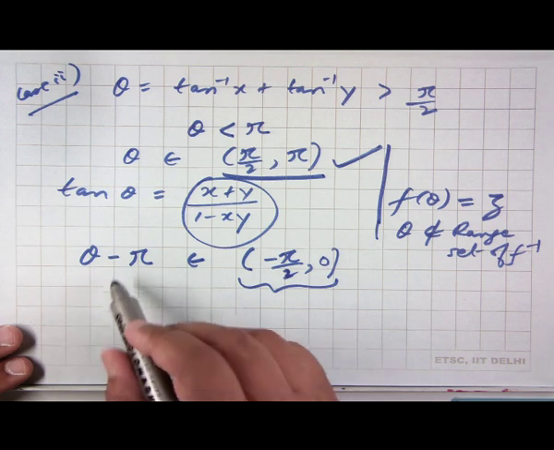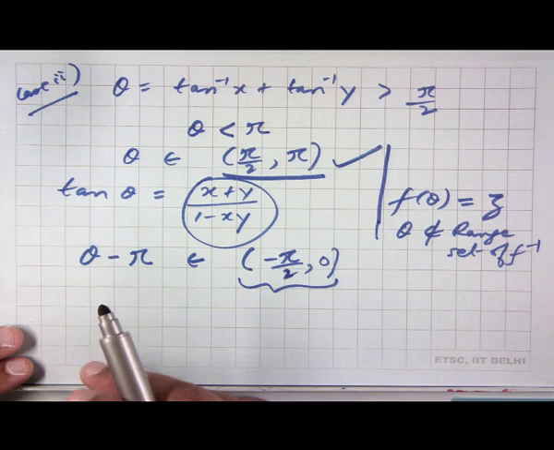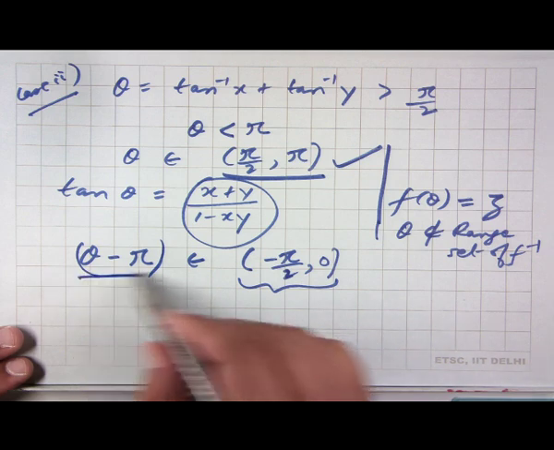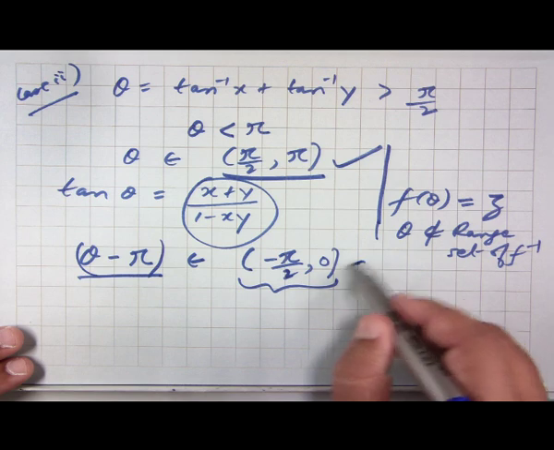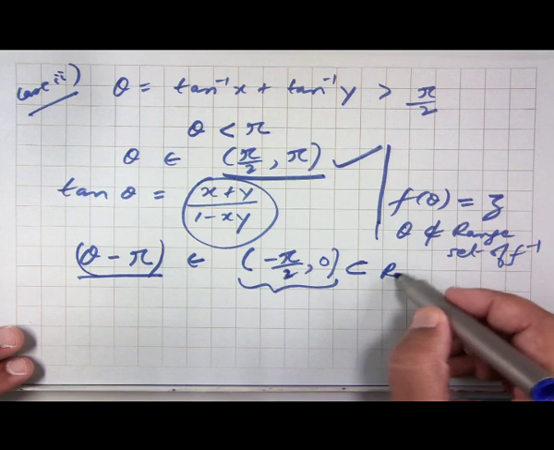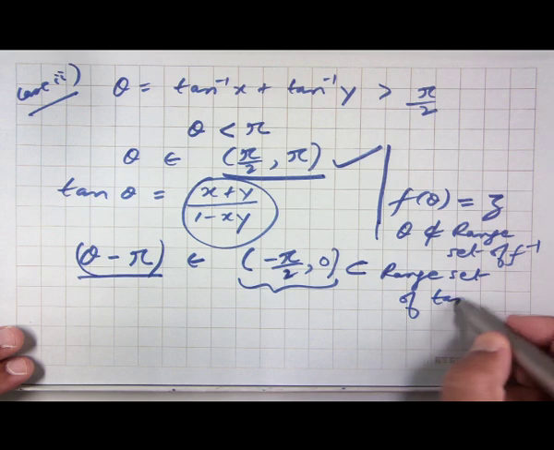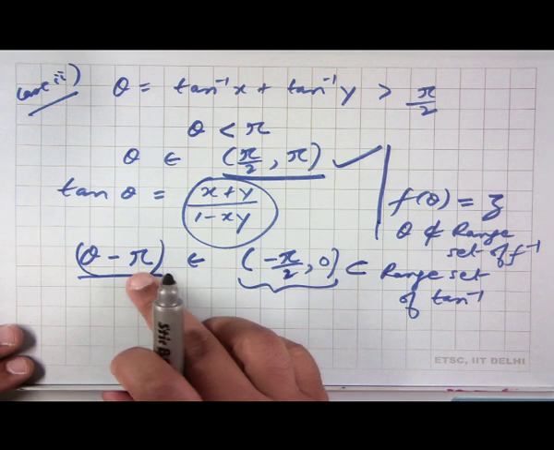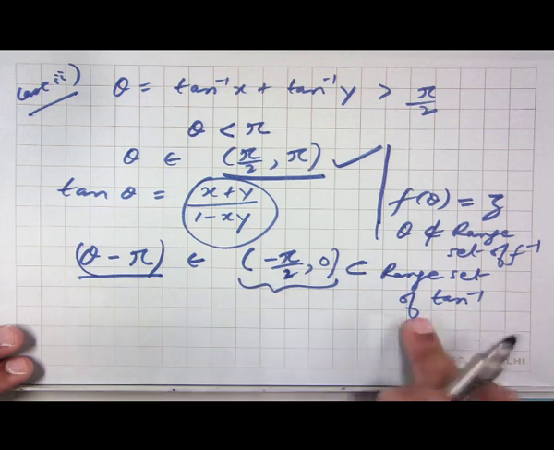And the reason for subtracting pi from this theta is twofold. The first reason is that I get a new angle theta minus pi which belongs to the range set of tan inverse.